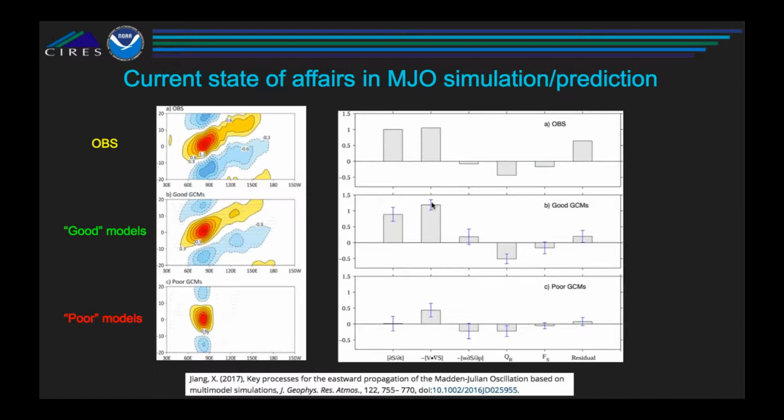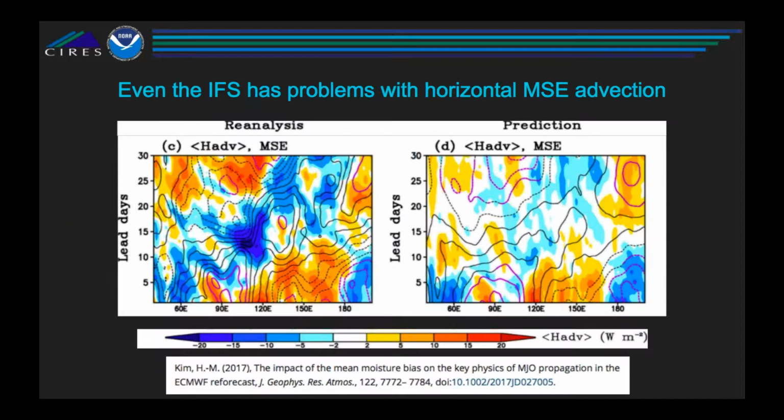And so shifting gears to the current state of affairs in MJO simulation and prediction, this is another paper by Zhang. And what he was looking at is a bunch of climate models and doing an intercomparison of these models and asking which models do better at simulating the MJO and which models do not as well. And he partitioned the models into what were referred to as good and poor.